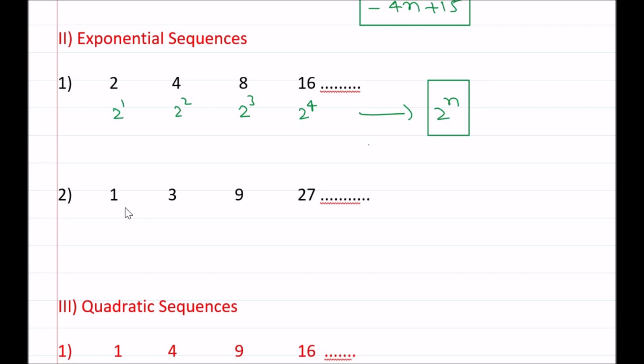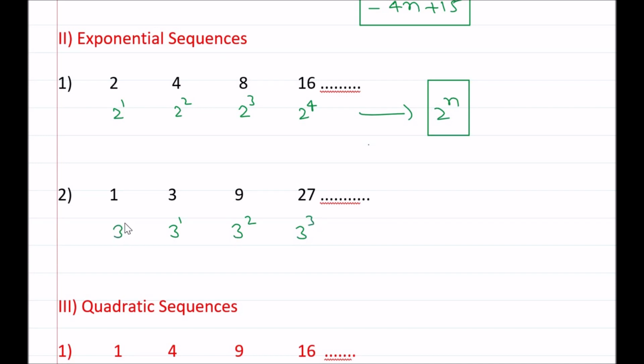Now let's take another one. Here, starting from 1, 3, 9, 27. So 3 means 3 to the power 1, 9 is 3 power 2, 27 is 3 power 3. But what about 1?